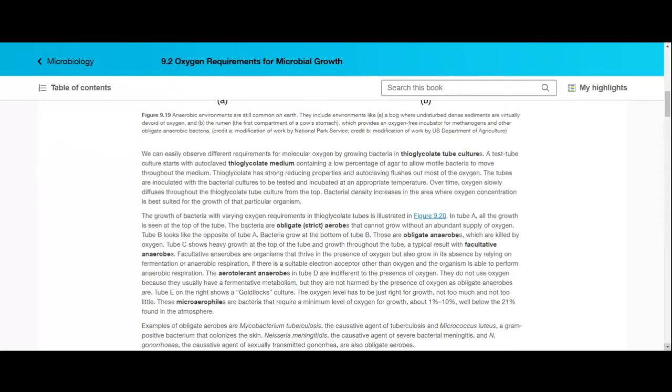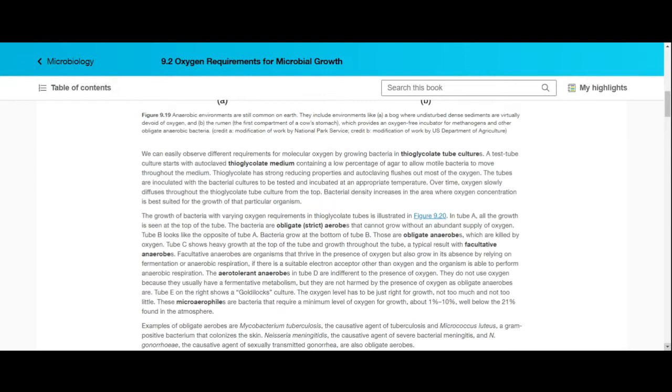Then we have those that are the complete opposite, which are the obligate anaerobes. Obligate anaerobes are killed by oxygen, so they do not want to be exposed to oxygen. Okay. Then we have the facultative anaerobes. Facultative anaerobes prefer oxygen, but they can grow in the presence or in the absence of oxygen.